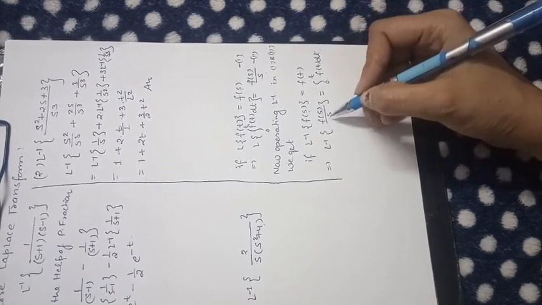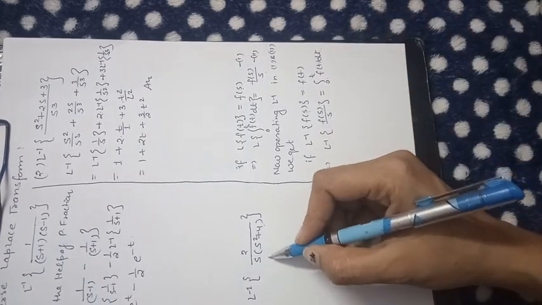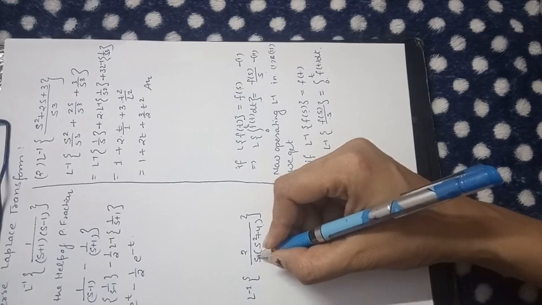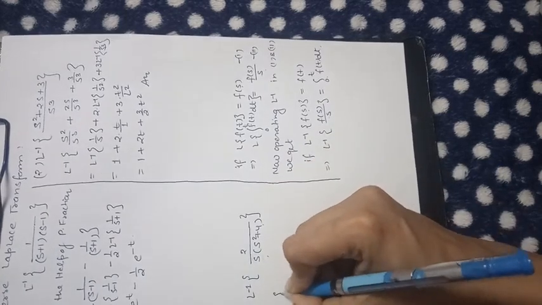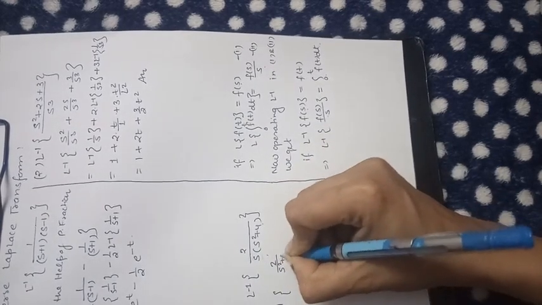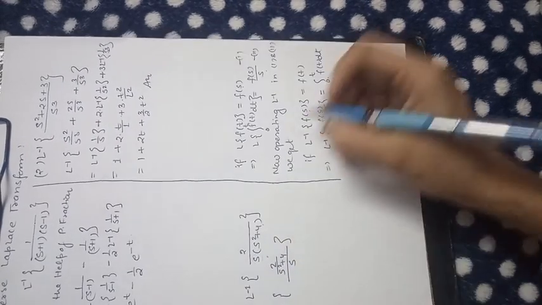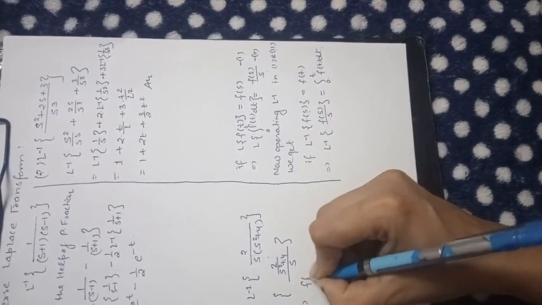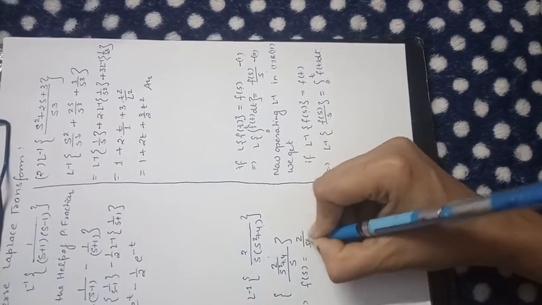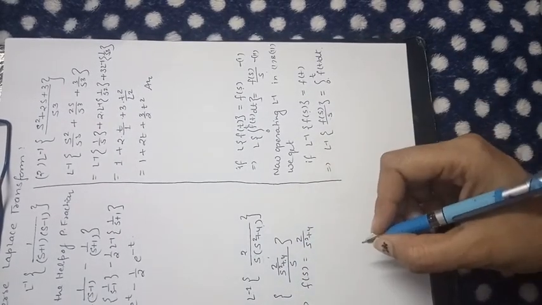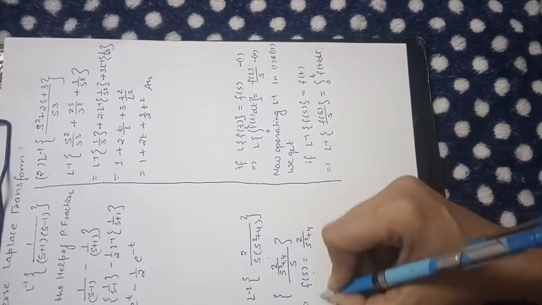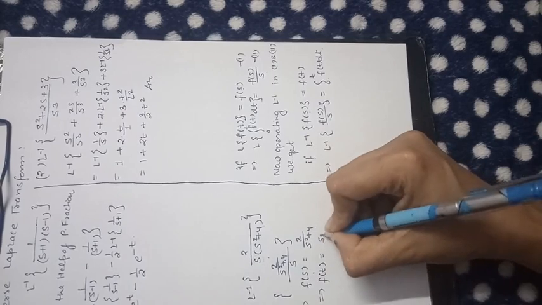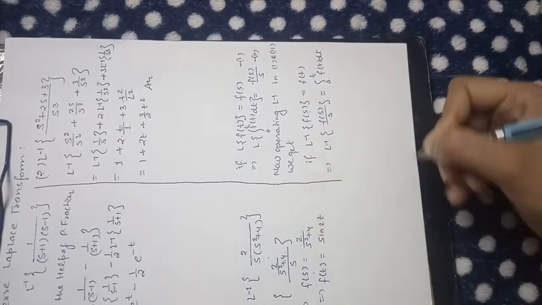Okay, now apply this formula to solve this question, because here we see the s in the denominator. L inverse is 2 upon s square plus 4, upon s. Now if we compare this with this formula, then we get F(s) is equal to 2 upon s square plus 4. If F(s) is equal to this, then what is f(t) here? That is sine 2t.